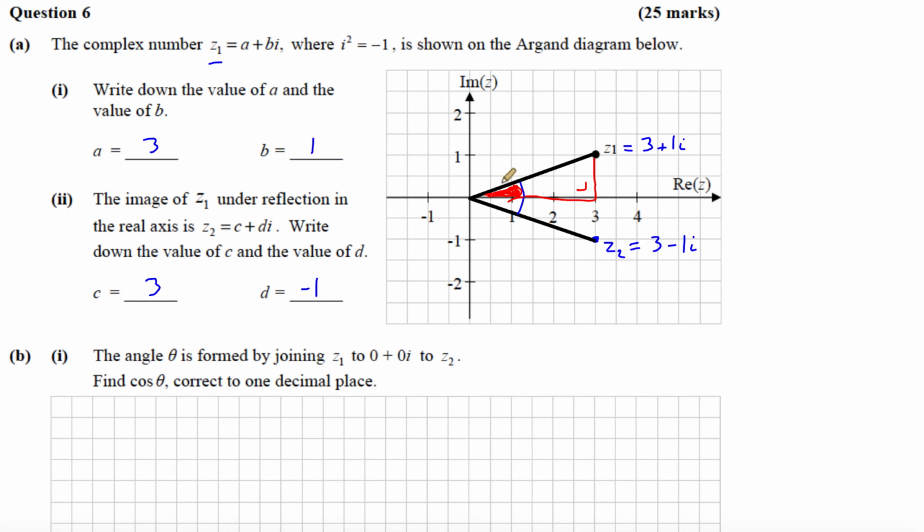So in this right angle triangle, if we call that red angle x, we know the side opposite the angle is 1, and we know the side adjacent to the angle is 3. So when we have the opposite and the adjacent, that's tan, so the tan of the angle x is 1 over 3.